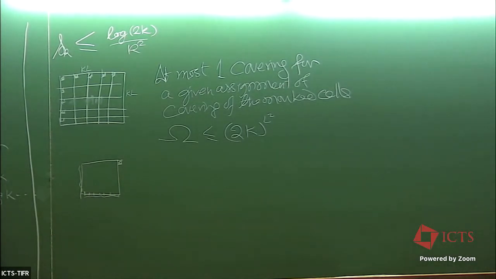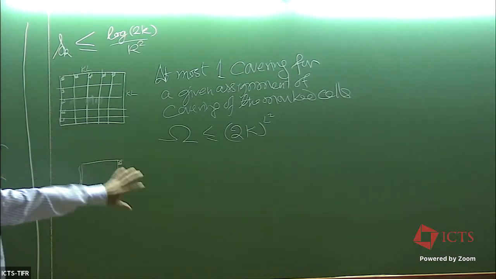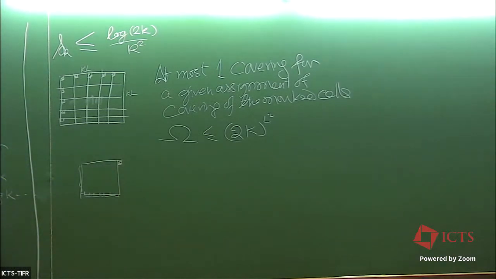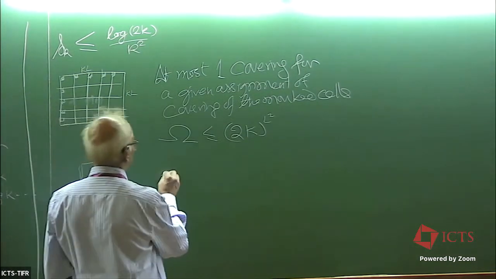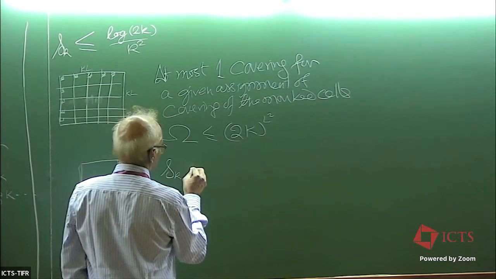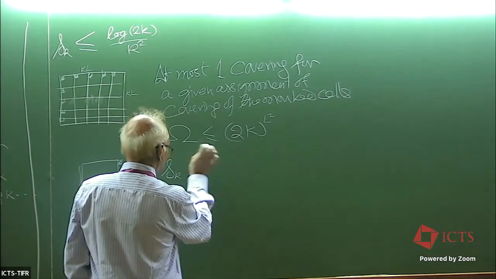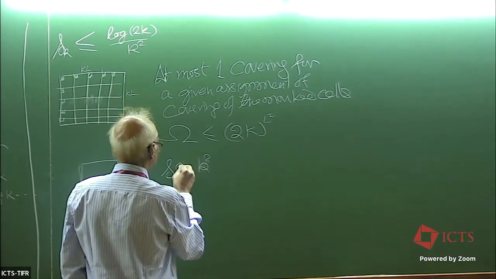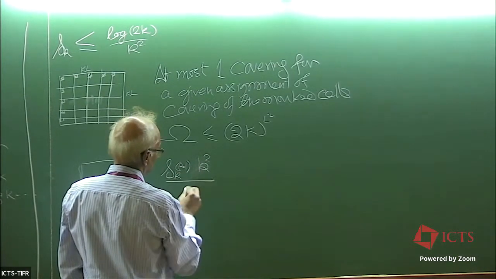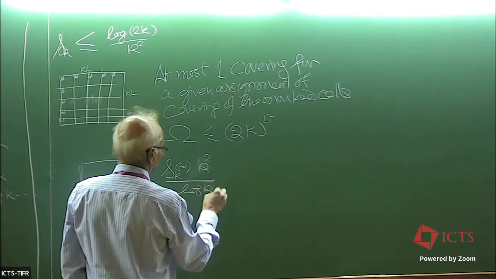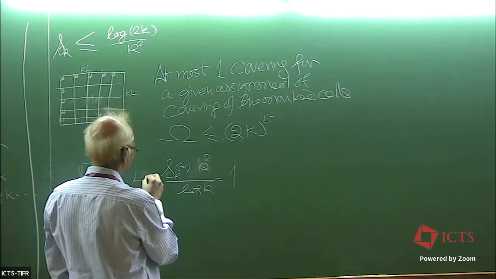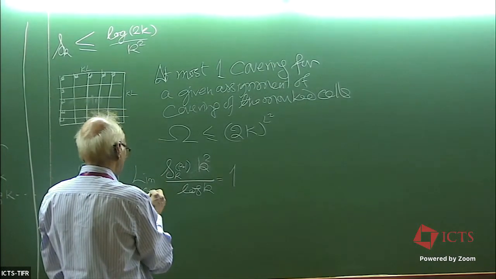There is a little bit of subtlety involved with the boundary condition that I will not discuss. But it's a technical detail. Okay, so we have got this result that S of k squared rho divided by log k equals 1, in the limit k goes to infinity.